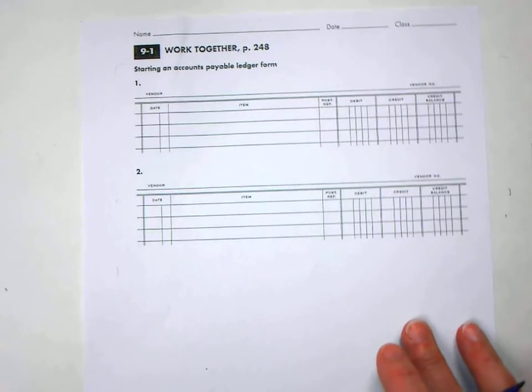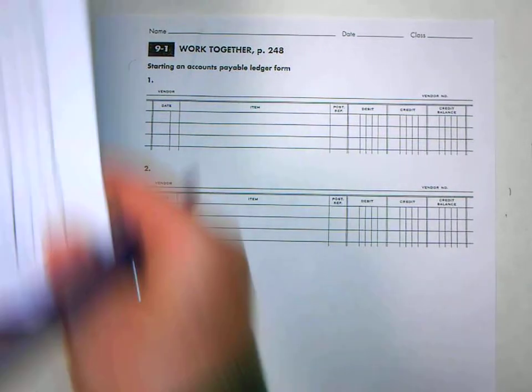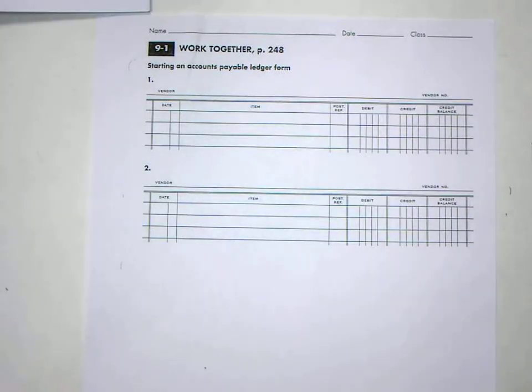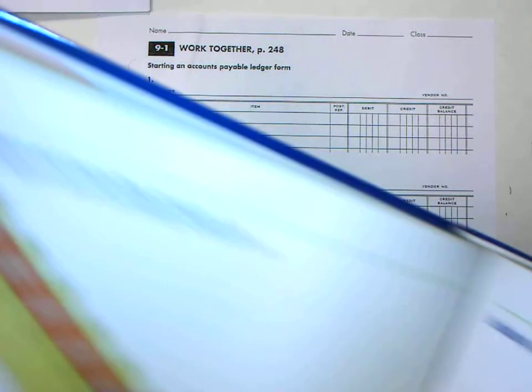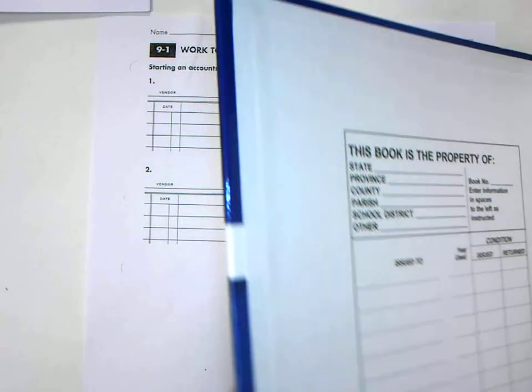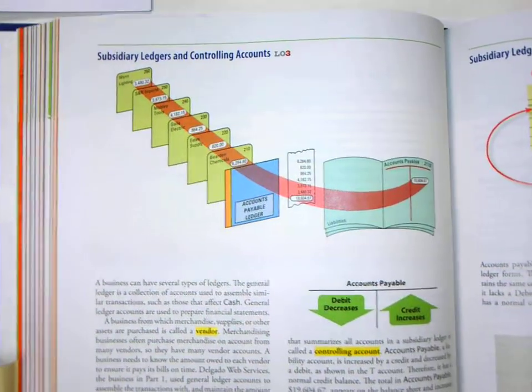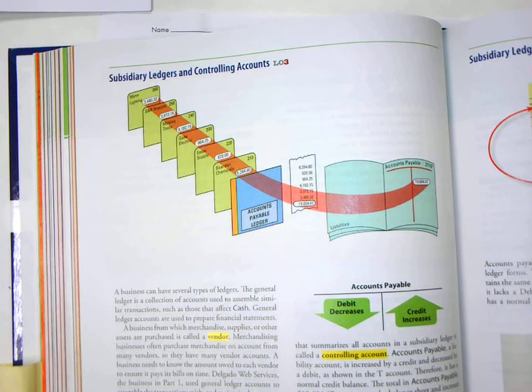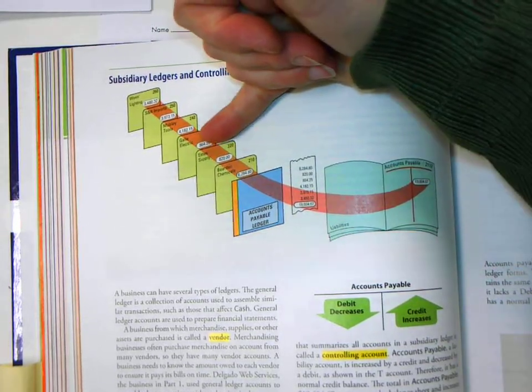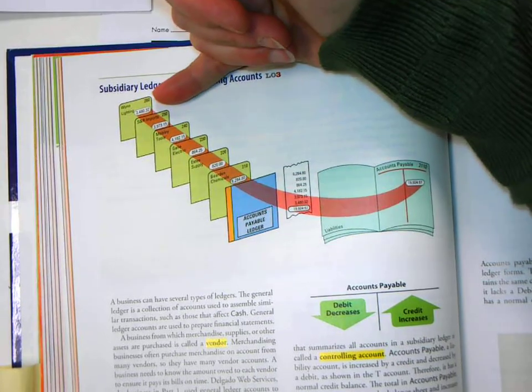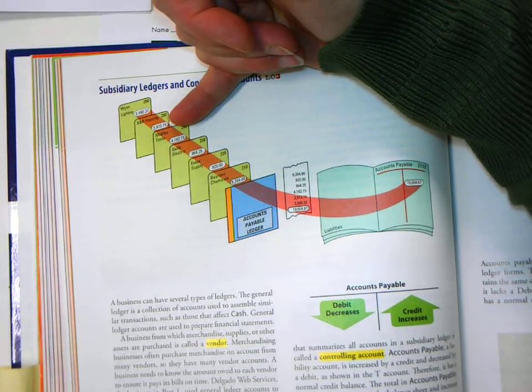All right, and then we're going to go ahead and look at working together 9-1. And this is pretty basic. I know what I want to talk about before we move on to that, are these sub-ledgers a little bit more. Because actually that's what we're creating here. So here's just a good graphic in your book, okay, that these are all of those sub-ledger accounts for all of those different companies. So here we have Wine Lightning, S&R Imports, right?